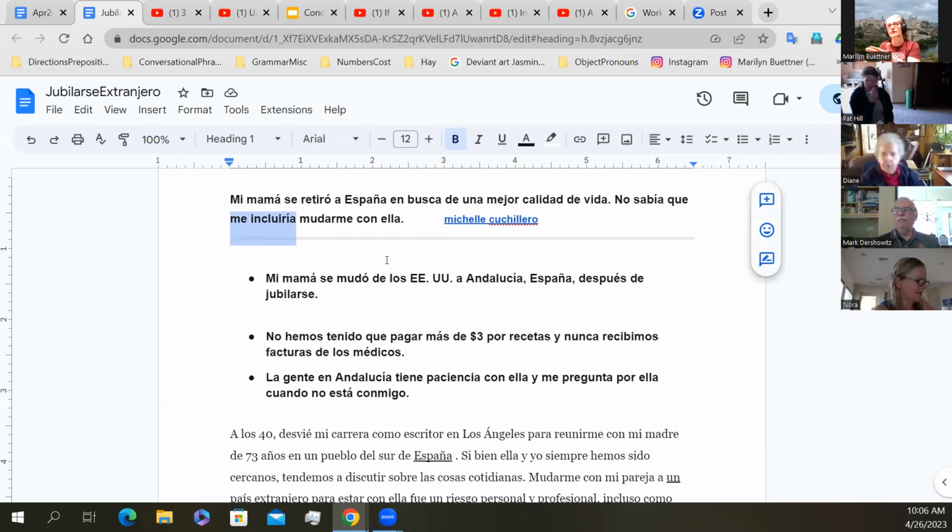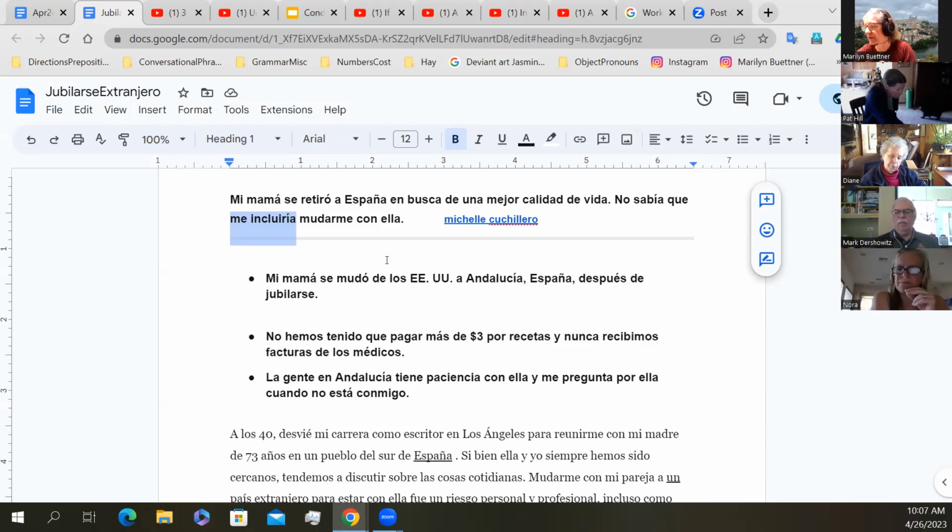So later after this article, we are going to look at a lot of uses for the conditional that are very specific to the conditional. You won't hear conditional plugged in as continually in a conversation as presente, as pretérito, as imperfecto. Even subjunctive is pretty continual in everyday conversation.